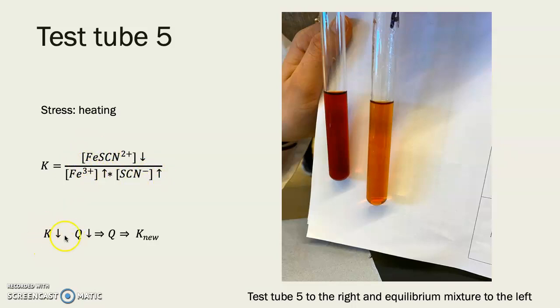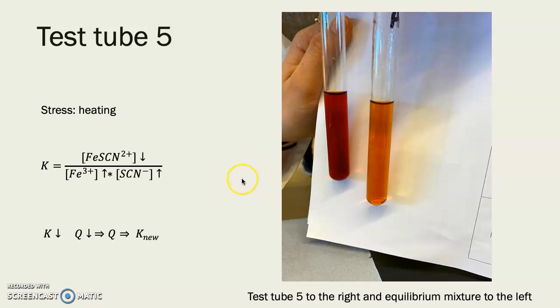So K has decreased, and therefore Q must decrease as well. Q is equal to K again, so Q is equal to a new K, so a new chemical equilibrium is established. And we saw that the solution became orange, as we can see right here. This is the equilibrium mixture.